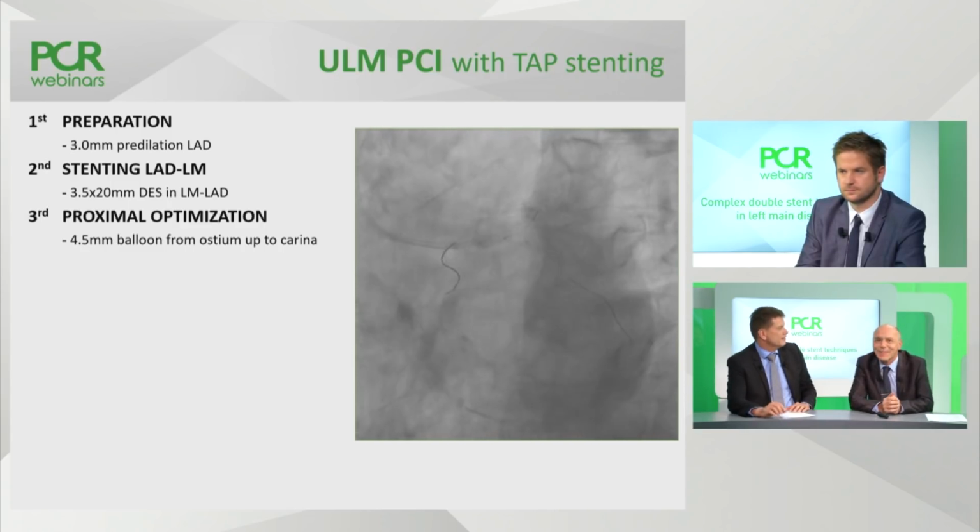Can I ask, is there a trick to know if your POT is sufficient? Because you chose 4.5, okay. Is there a trick how you could look at that? For example, if you don't have an IVUS, and we discussed that before, when the balloon is inflated, you can inject contrast through the guiding catheter.